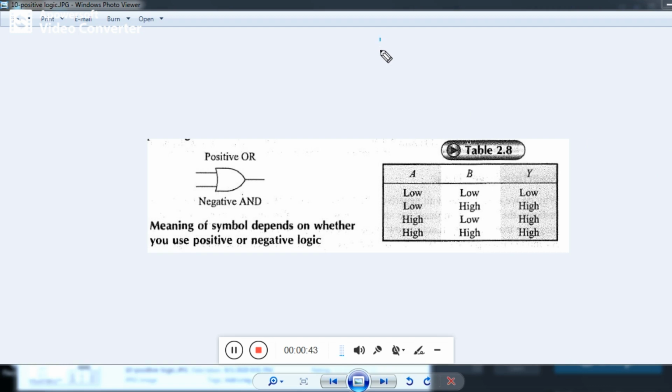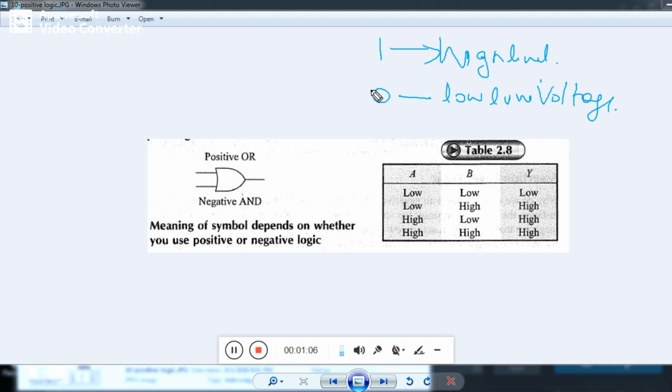That is, if binary 1 represents a high level voltage, high level logic, and 0 represents a low level voltage in digital electronics, then it is called a positive logic system or positive logic.